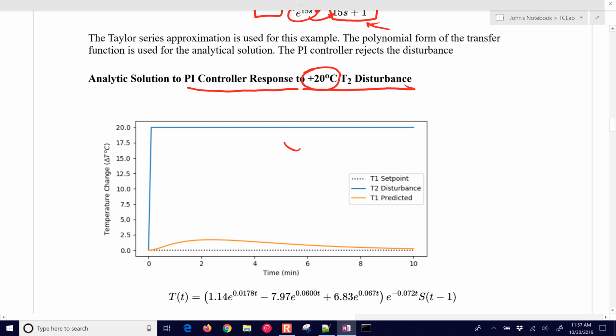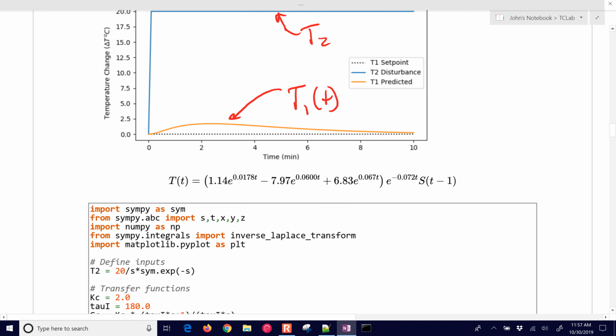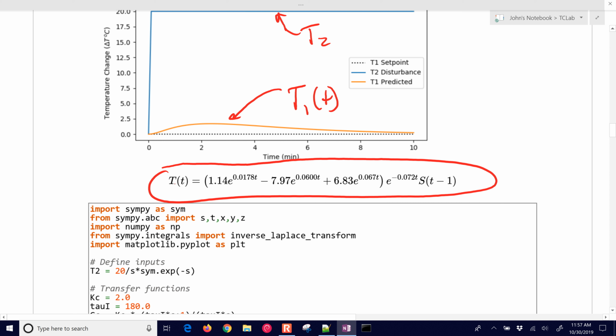So here is T2 up top, and this is our predicted T1 as a function of time. And the way we came up with this analytical solution to T1 is to use the inverse Laplace transform, to be able to convert it back into the time domain.